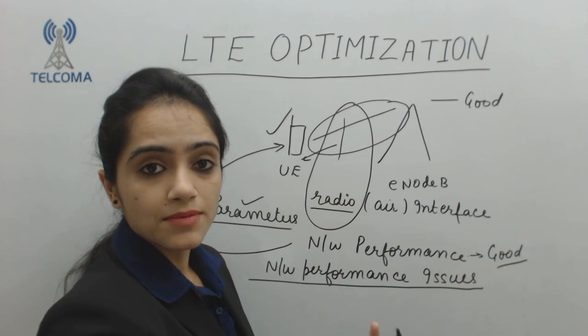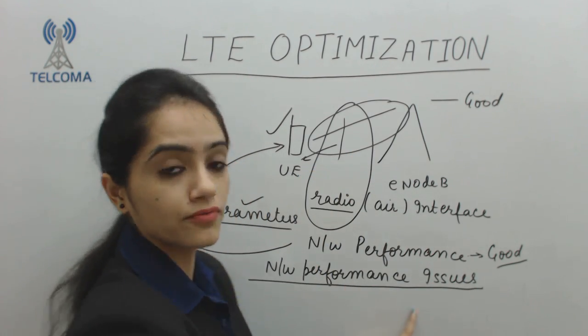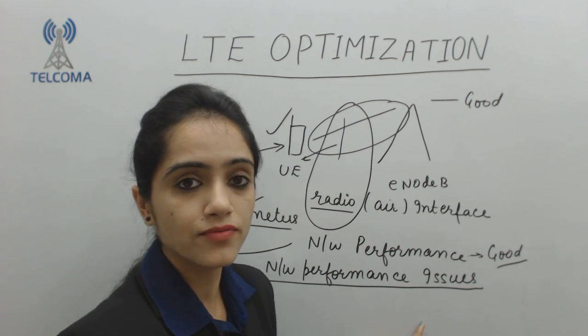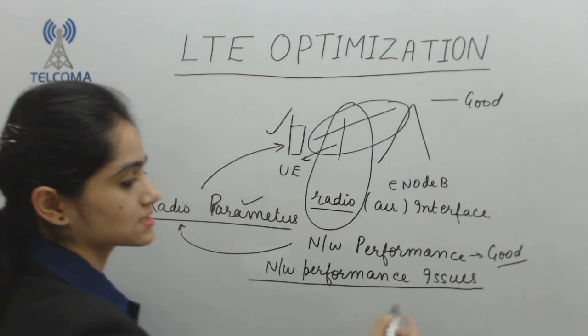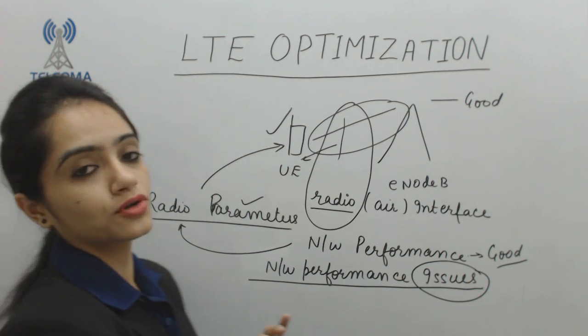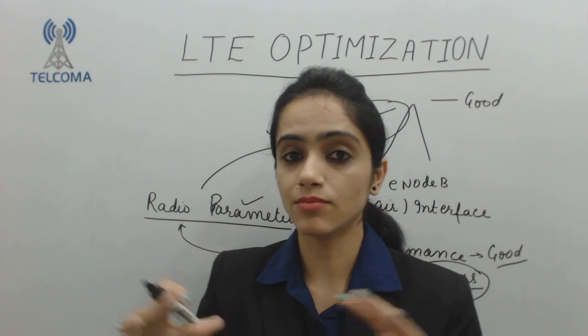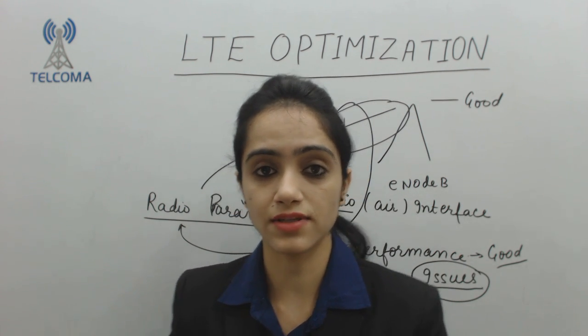If the RSRP value is not good, I have poor network performance, meaning I am facing some performance issue. Now I want to remove that issue, and removal of that issue is the job of the optimizer.